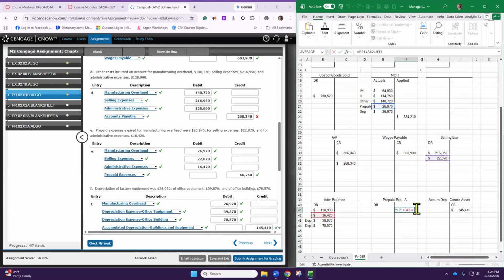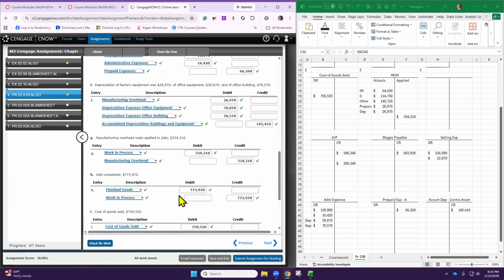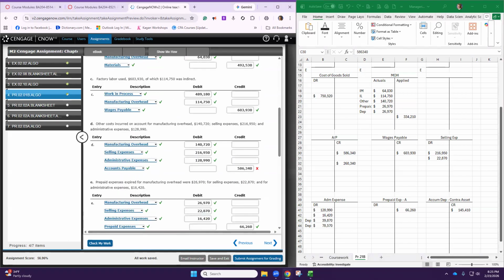We expect 26,970, 22,870, and 16,420. 66,260. That's good. Now we're doing other on account. This should be this one. Let's try this. I think I just looked at the wrong number. This should be 586,340. Boy, I'm still having troubles. I'll be back.